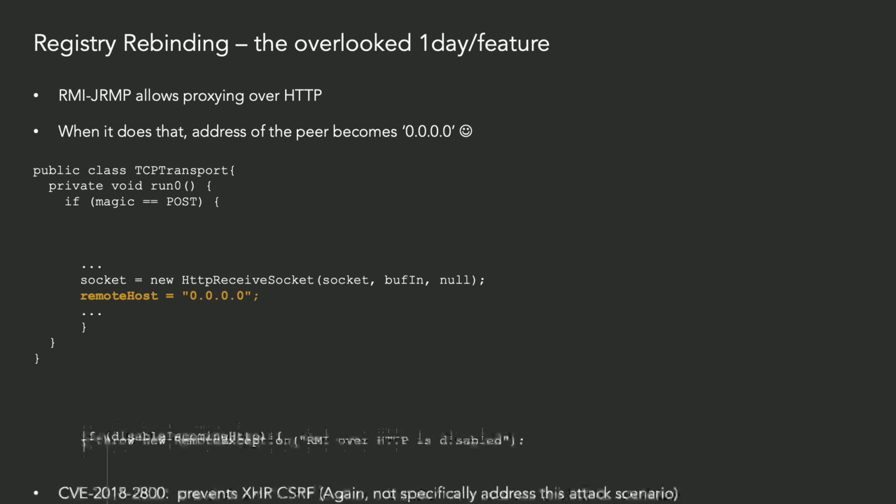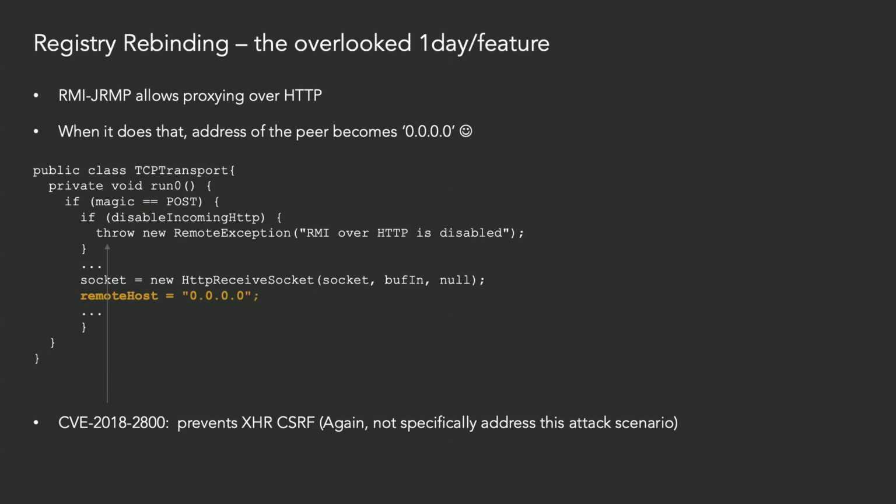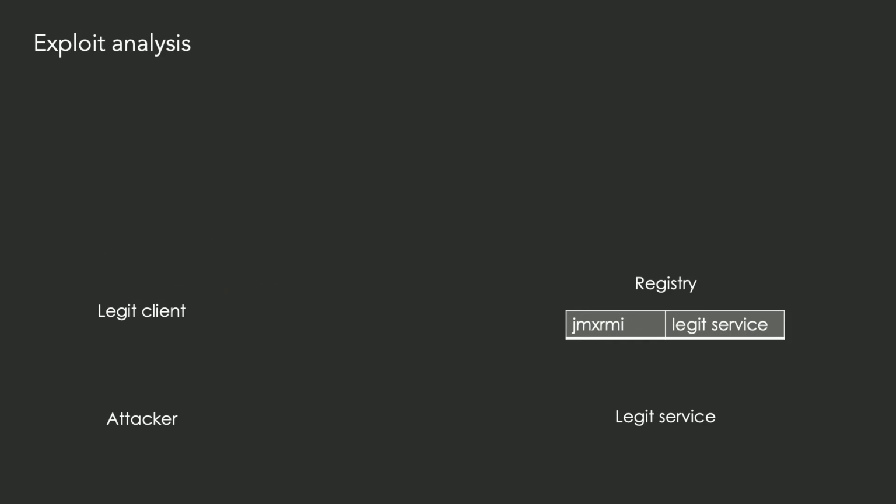When it does that, the address of the peer becomes 0.0.0.0, which can also mean localhost. Again, this was discovered earlier by Moritz Bechler, and the attack scenario he described is not related to this. It's a client-side cross-site request forgery exploit.